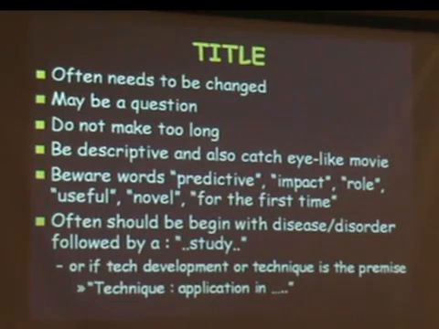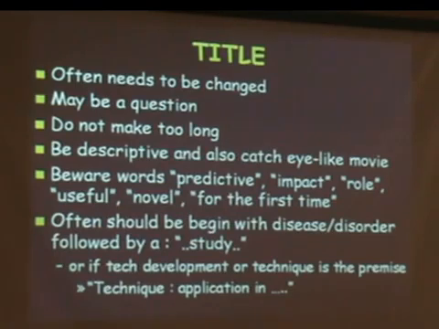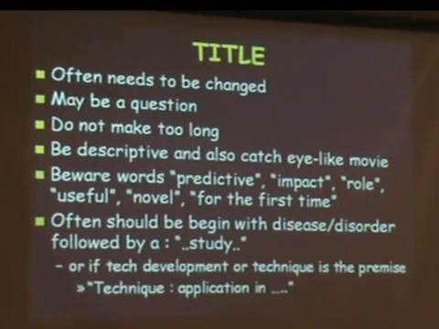And then a title should often say what the work is. So my title may be, does T2 MRI help you diagnose rotator cuff tears? That tells you everything you need to know about the paper, but doesn't give you the answer. It's short, it's complete, and it's a question.